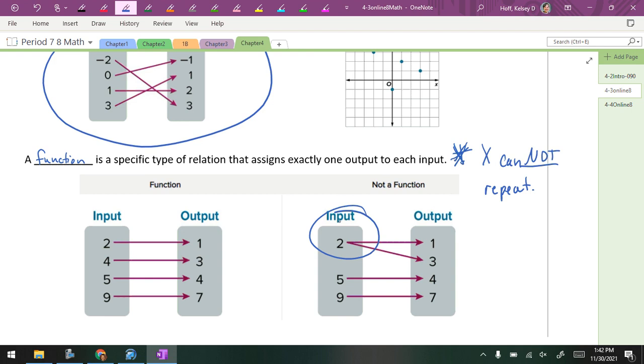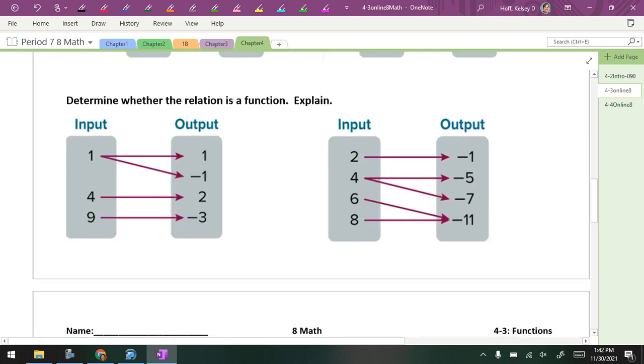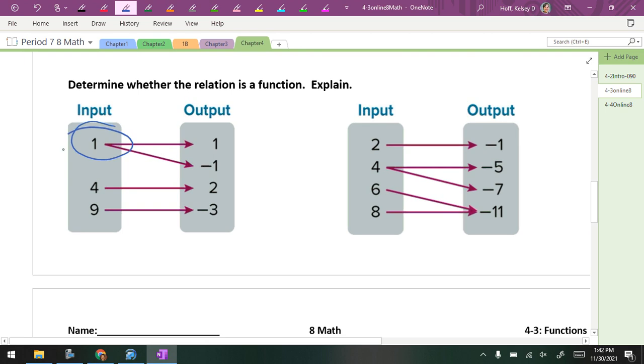Okay, so let's try this on our own. Bottom left. Don't shout it. Everybody get your answer first. Determine whether this is a function. Somebody raise their hand and tell me yes or no, it's a function. Zach? No, it's not a function. Why not? Because one of the inputs goes to 1. Perfect. Right here is the issue.